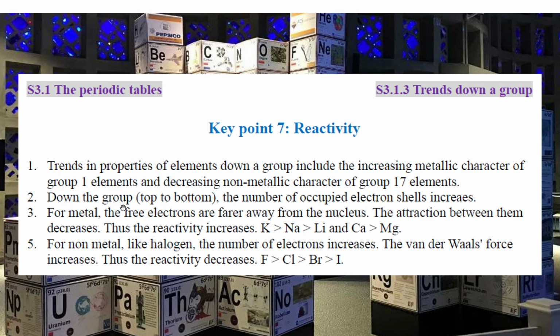For the metal, the free electrons are far away from the nucleus, so the attraction force decreases and reactivity increases. Not so attractive, so the electron is easier to remove or add. For non-metals like halogens, it is the opposite. The number of electrons increases, the van der Waals force increases, so the attractive force increases, so they are less eager to react, so reactivity decreases.